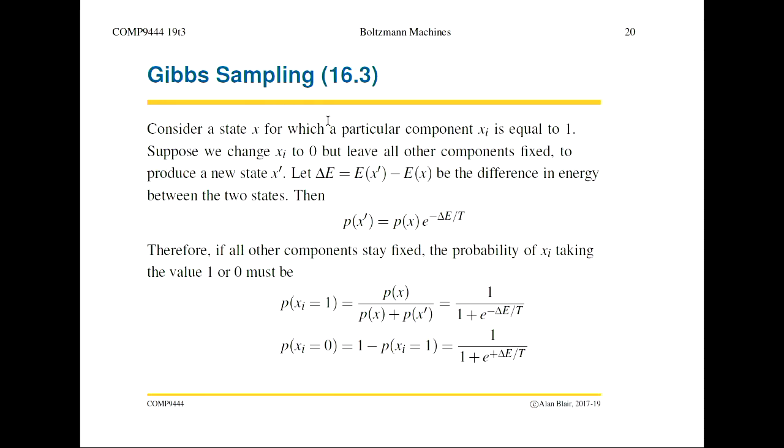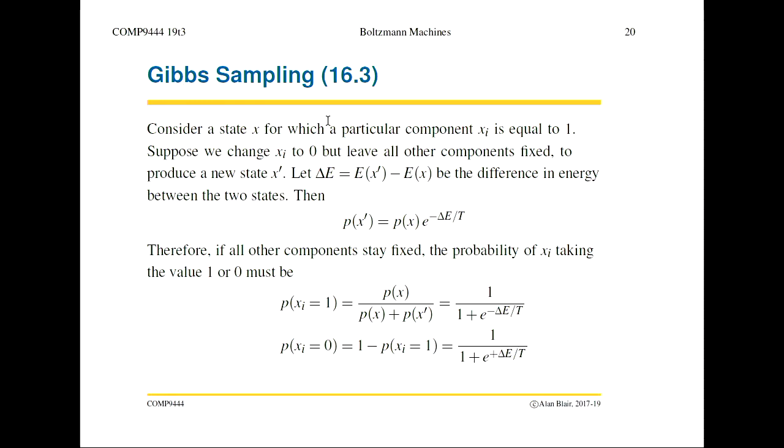So you consider that the thing is in a certain state and a particular component is equal to 1, and then it has to decide whether to change to 0 or not. So remember, with the Boltzmann machine, the possible values are 1 and 0.